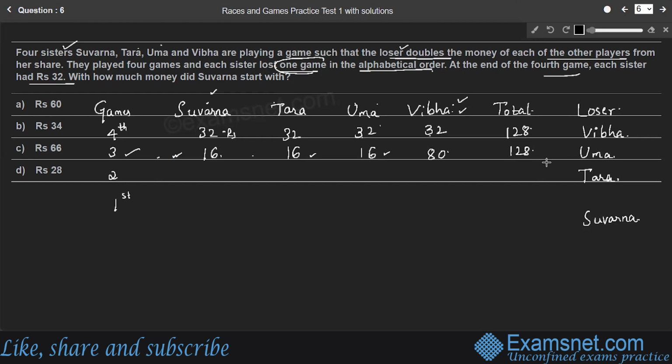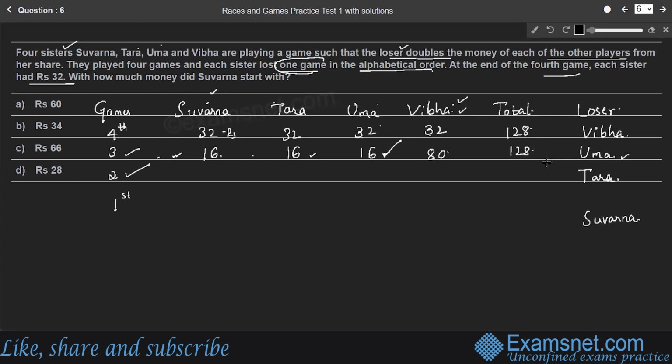Next. So in the third game, the loser was Uma. So Uma was the loser. Right? So she distributed her money, what she had at the end of the second game, to the remaining persons so that their money gets doubled, right?